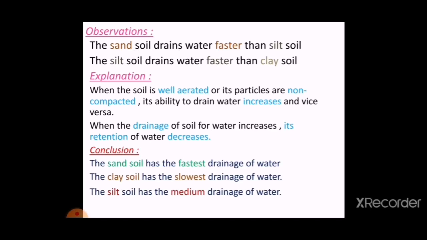Our conclusion: the sand soil has the fastest drainage of water and the lowest retention of water. Drainage is opposite to retention. The clay soil has the slowest drainage of water and the highest retention of water.